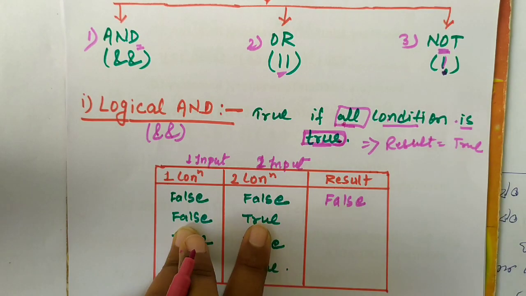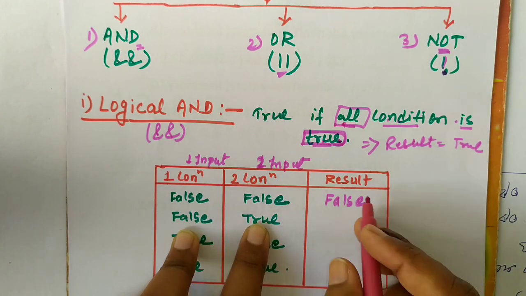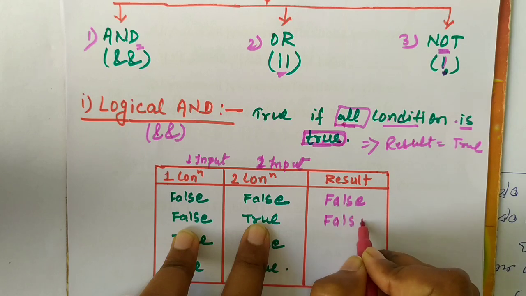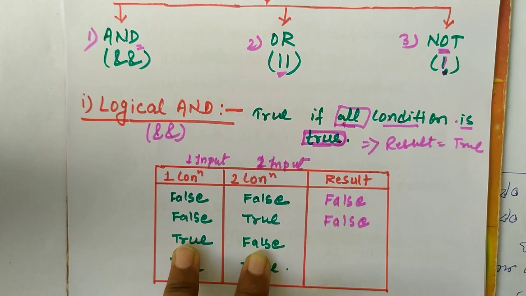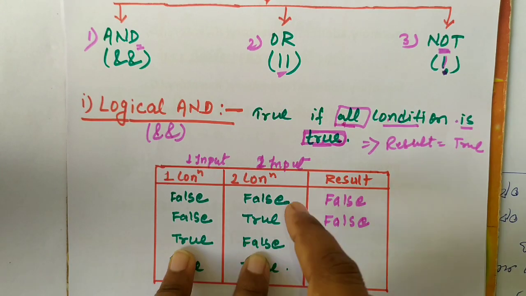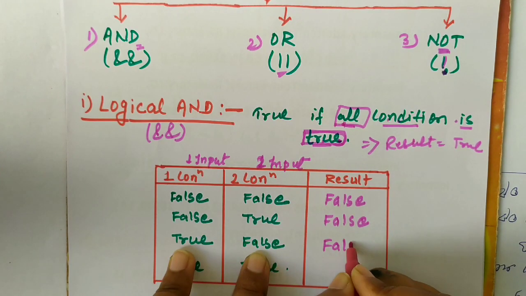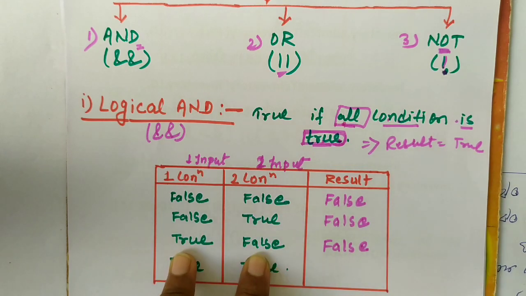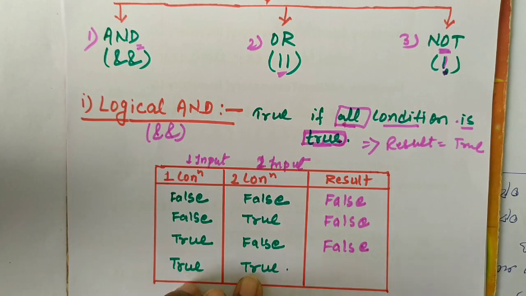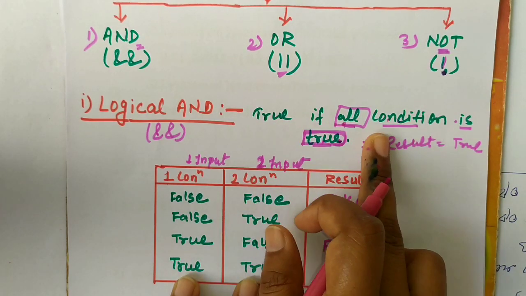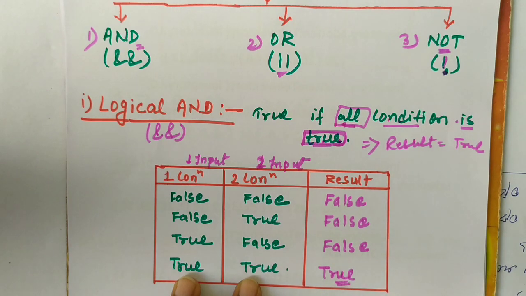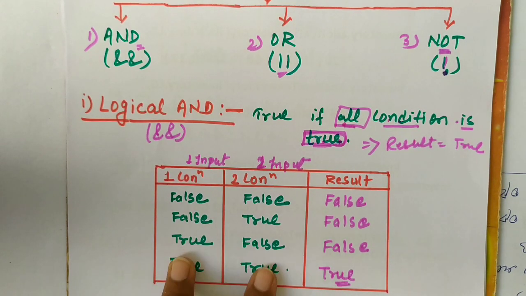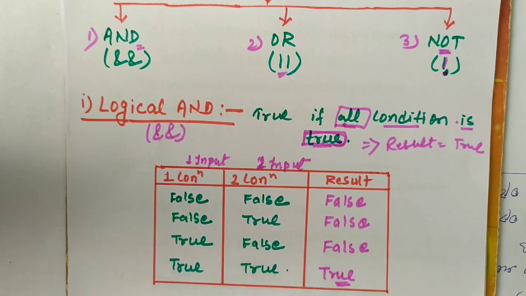Next, first is false, second is true, so the result is again false, because it is compulsory for both values to be true. Next, first is true, second is false, again it is false. And the last one, both values are true, it satisfies the condition, so the answer is true. If both inputs are true, the result is true.